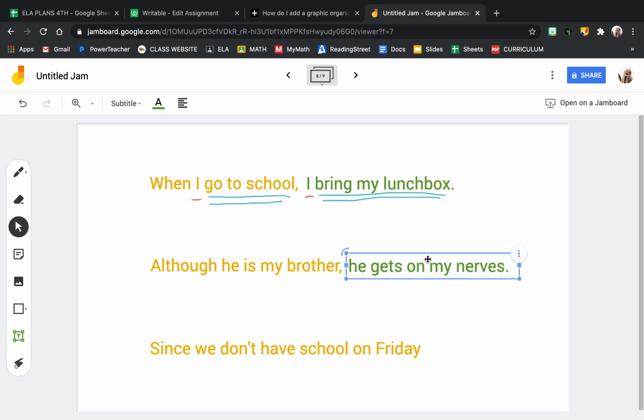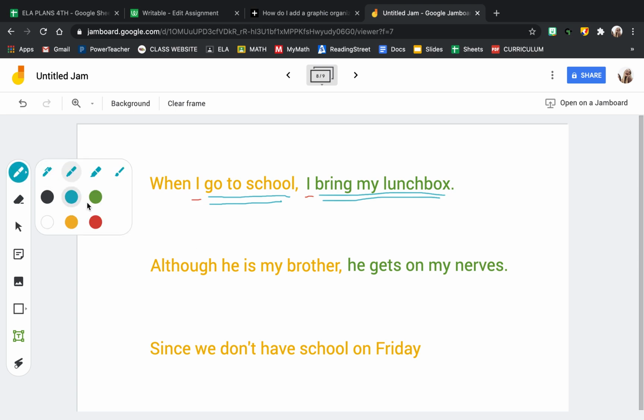Otherwise, it wouldn't make sense. Although he is my brother, he gets on my nerves. Now we have a complete sentence. We joined our dependent clause with an independent clause. The green is independent because you could say that on its own. It can stand on its own. But this first part, the dependent clause, cannot stand on its own. So it's dependent on this.